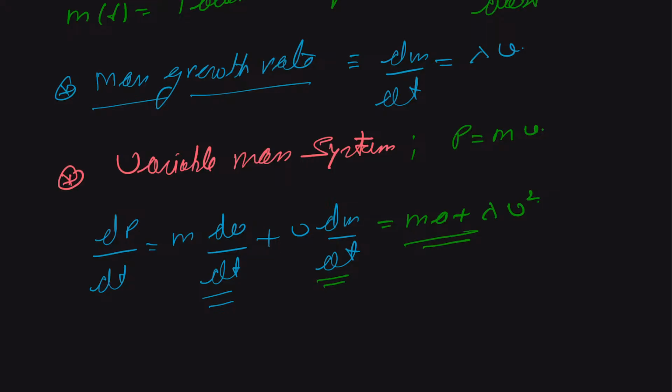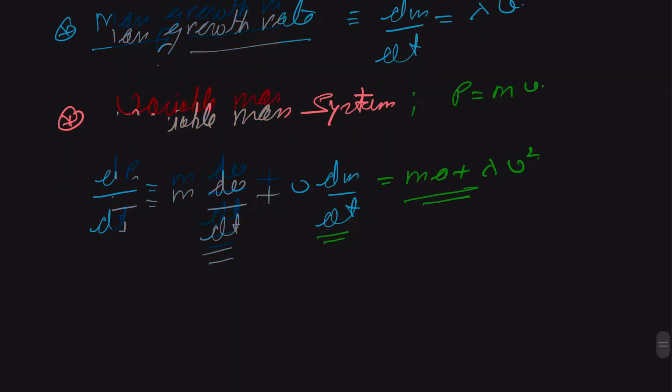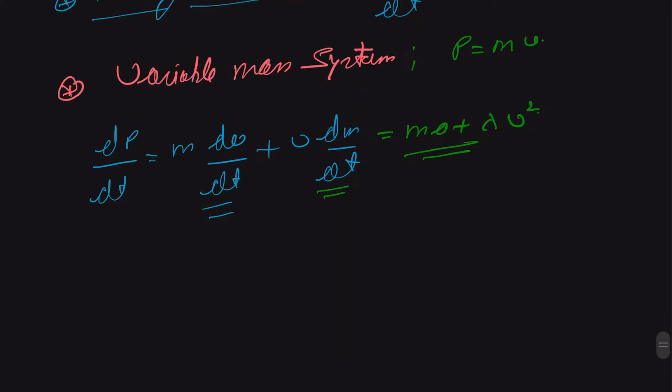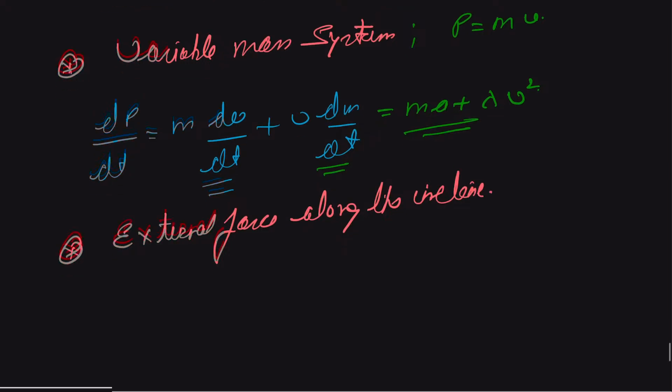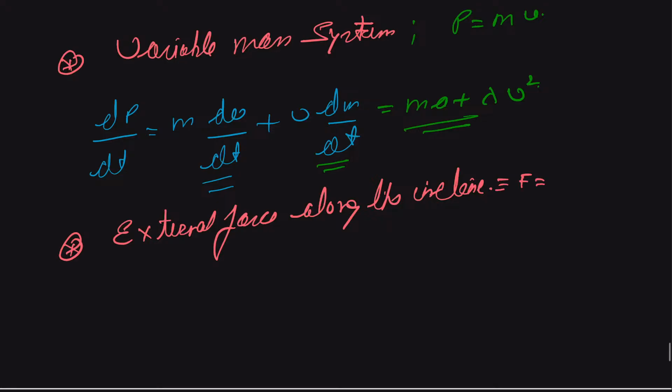Now we are going to find the forces along the inclined plane. Obviously there will be only one external force along the incline, and let us suppose that force is F, which will be equal to mg times the sine of theta, where theta is the inclination angle.